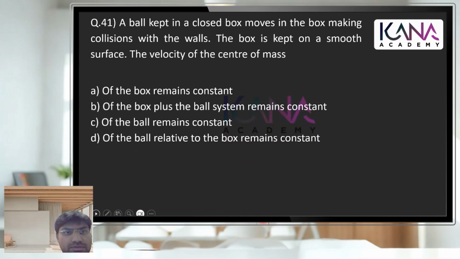Next question. A ball is kept in a box, and it collides with the walls inside the box, and the box is on a smooth surface, whose center of mass velocity remains constant. So there is no external force.